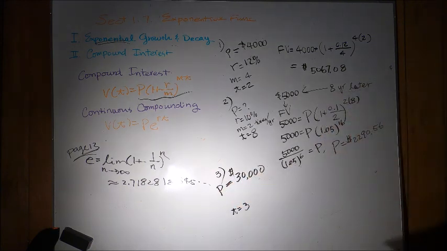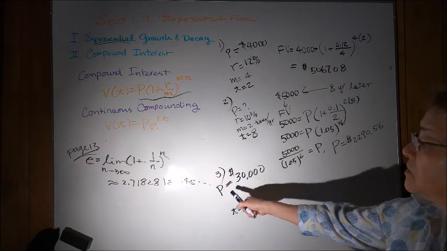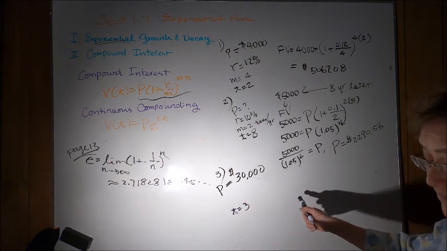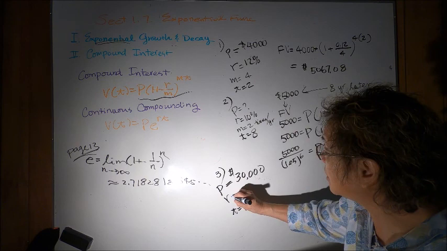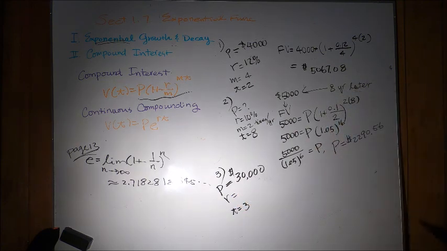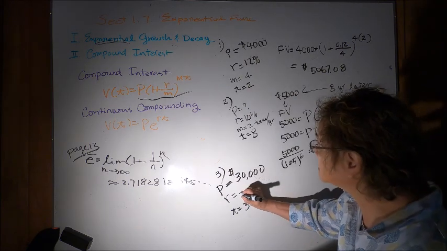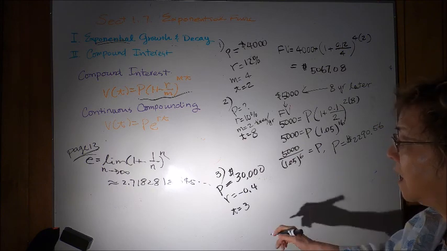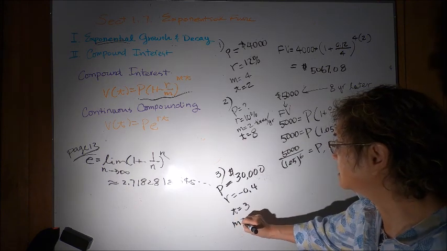That's your P, $30,000. P is your principal, the current value, present value. What's your R? Annual rate. 40%, but it's depreciated, so it's negative, going lower and lower.